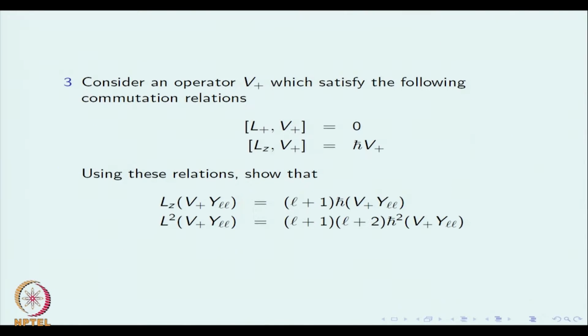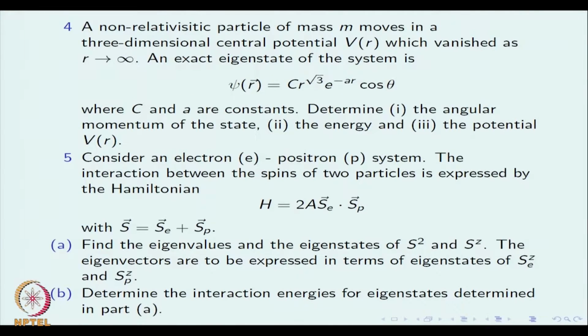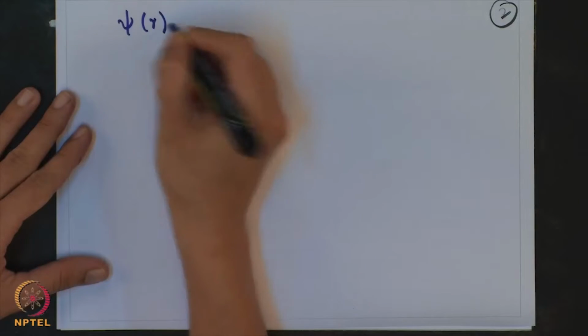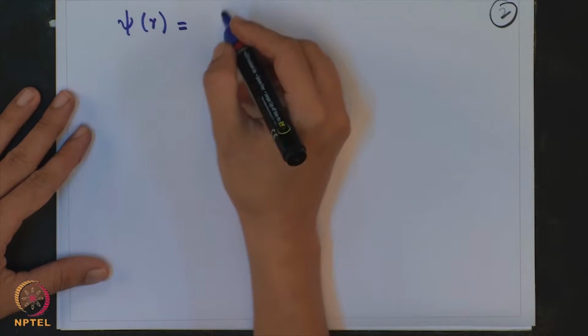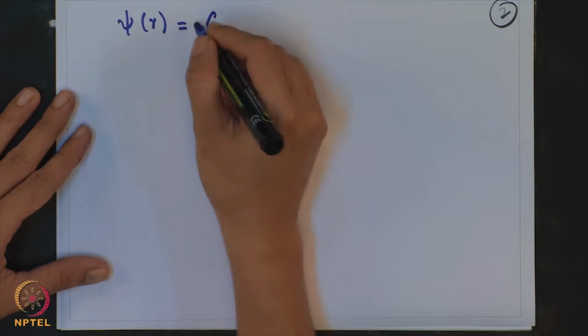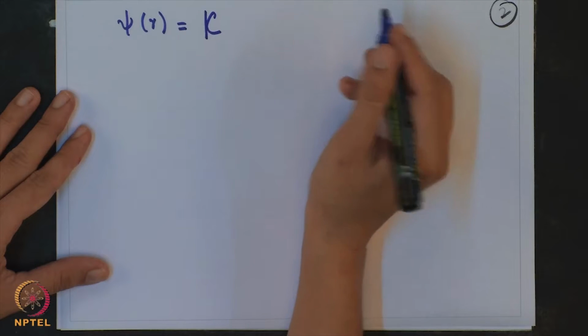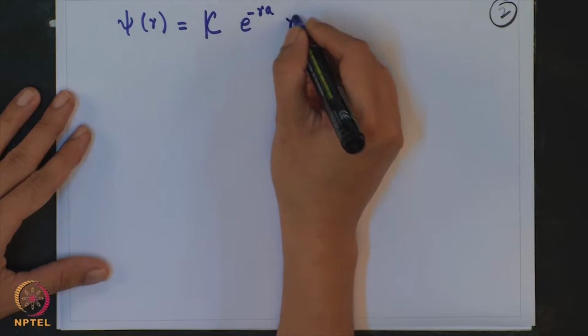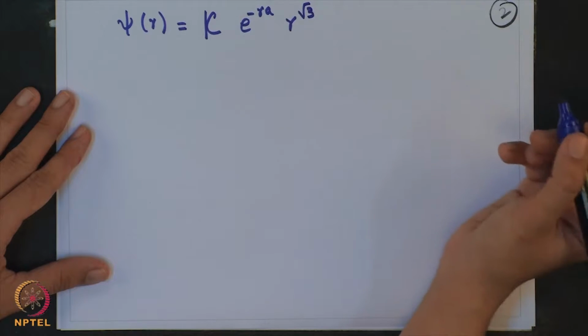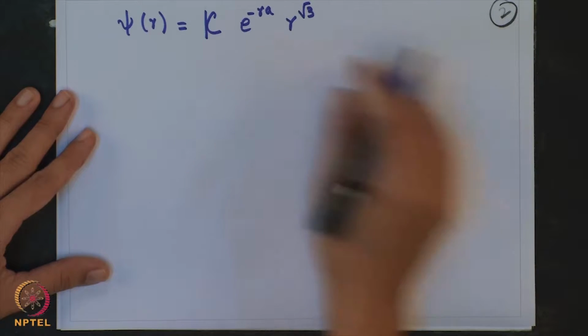So, let me rewrite this, psi of r is equal to c, now I denote it as k, e raised to minus a r and r raised to root 3. This is what I have.